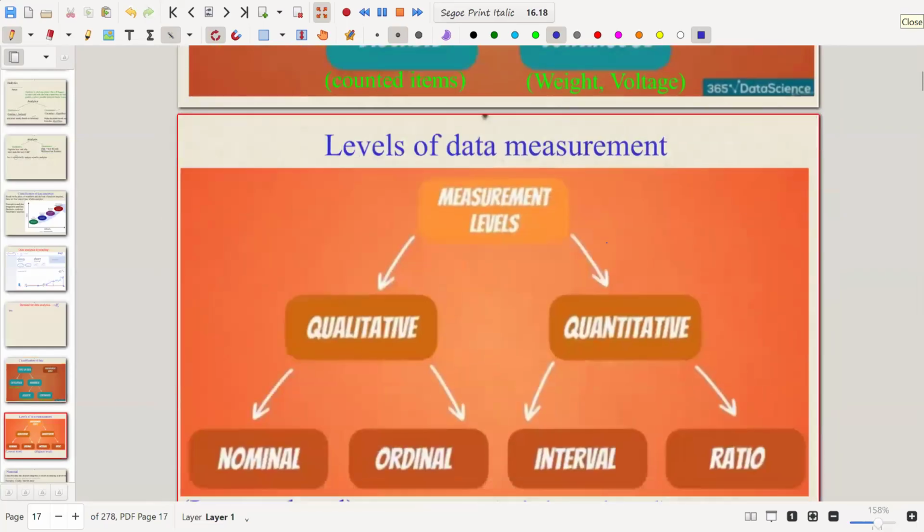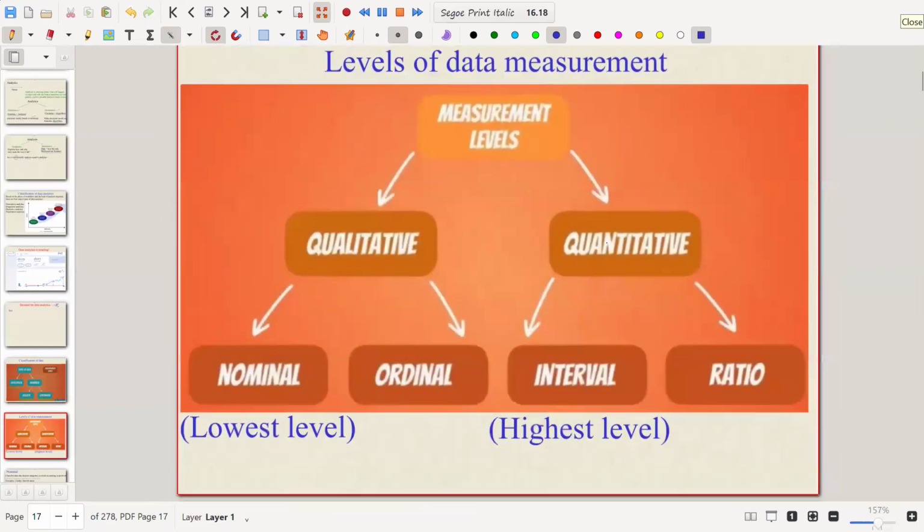Now, levels of data measurement. There are different levels of data measurement. You can see qualitative and quantitative data measurements. When you have qualitative variables, you can boil it down to two classes, nominal and ordinal. Nominal is the lowest data level, and ordinal is above it.